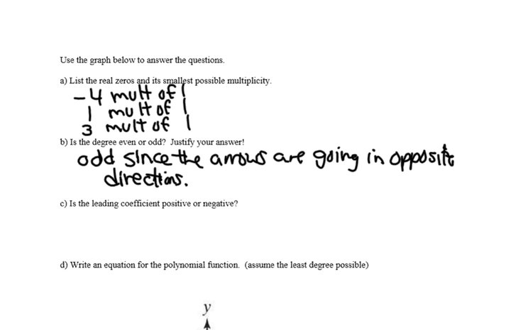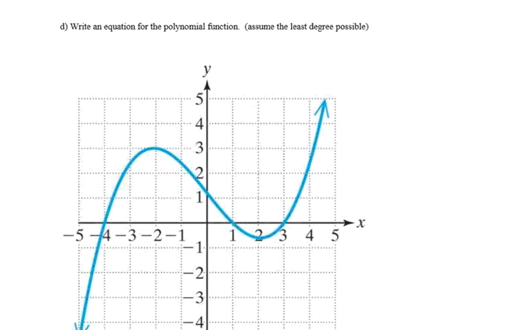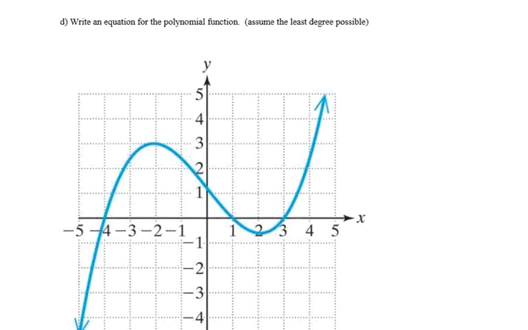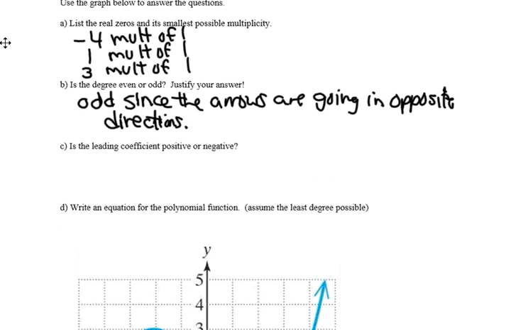Now, the next part asks if the leading coefficient is positive or negative. Now, remember, if x is approaching negative infinity and f of x is approaching negative infinity, and as x approaches positive infinity, f of x is also going to positive infinity, we know that the leading coefficient is going to be positive.